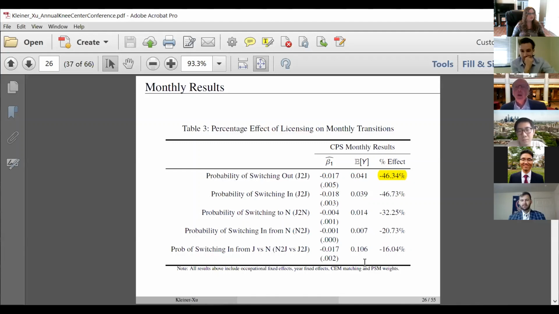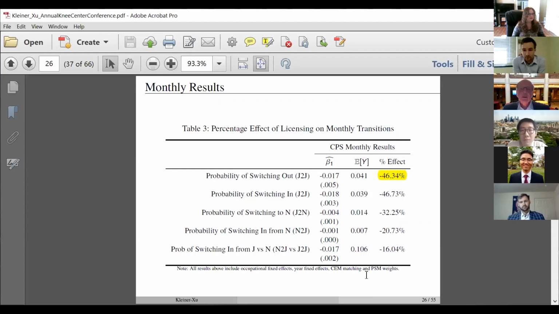Looking at monthly transitions, which are much larger, there's a lot more noise in that data relative to the annual transitions, but we are able to provide those estimates, and the magnitudes tend to be much bigger, though the effects are of a similar nature. That is, individuals moving out of a licensed occupation are much fewer, and individuals moving into a licensed occupation are also much fewer.